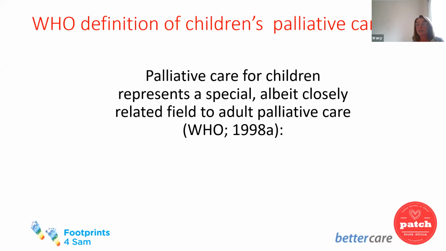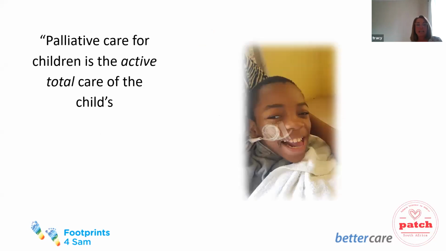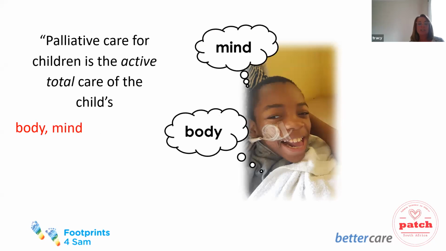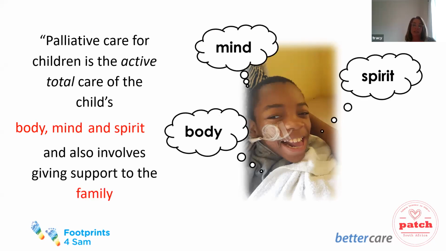Then when we look at the WHO definition of children's palliative care, it reads, palliative care for children represents a special, albeit closely related field to adult palliative care. Palliative care for children is the active total care of the child's body, mind, and spirit. It also involves giving support to the family.